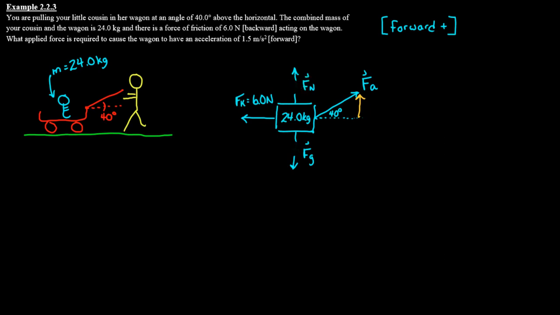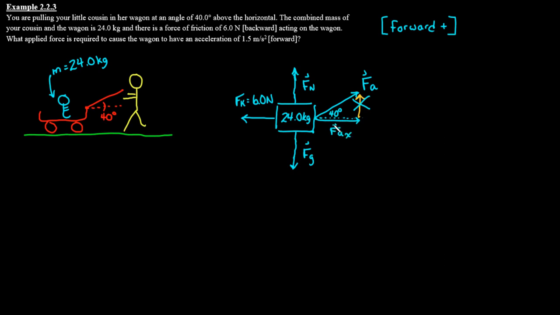So technically, your force of normal is actually going to be a little bit less than the force of gravity acting on the object because you're helping pull up a little bit. But because they've already given us what that frictional force is, I'm not even going to consider the y direction. So let's just look at the applied force in the x direction.